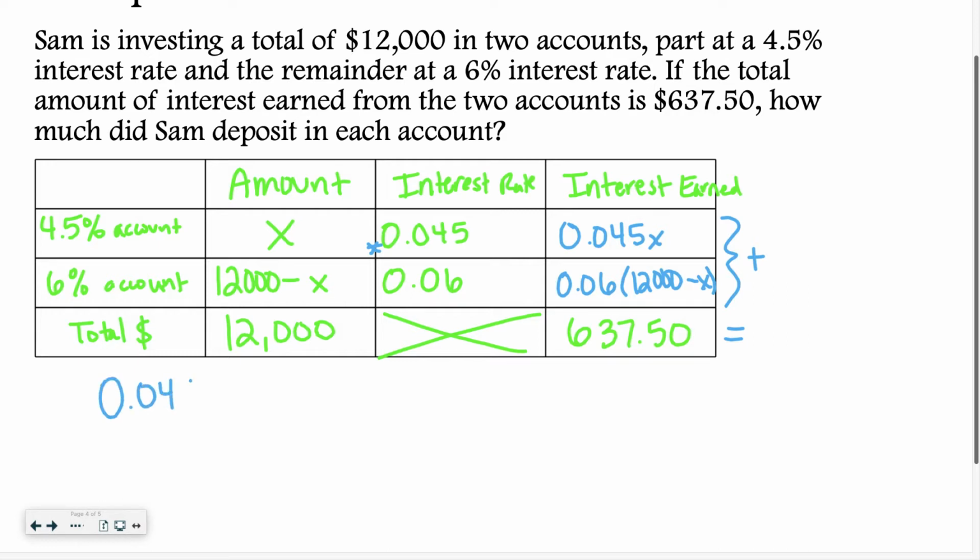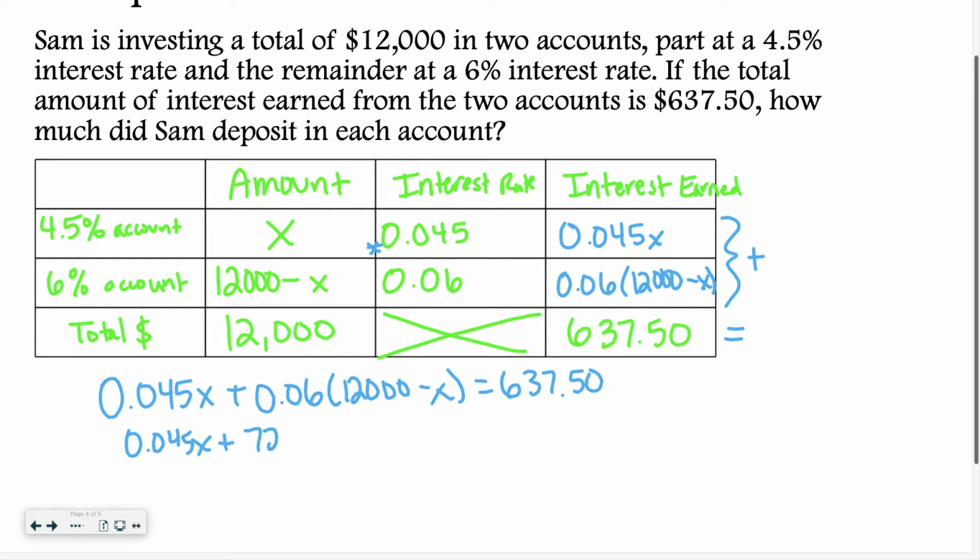So I have 0.045x plus 0.06 times 12,000 minus x equals 637.50. If I simplify that a little bit, I have 0.045x plus 720 minus 0.06x equals 637.50.